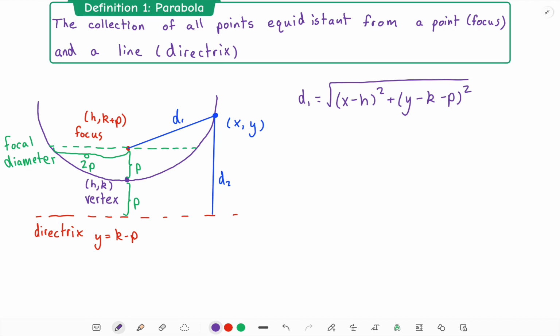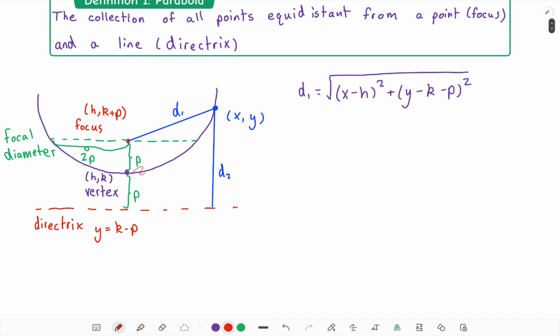Now D2 is a little bit different to calculate the distance here. It's not really a formula, just noticing that this part of D2 is p, and then this part of D2 is the difference in the y values of the 2 points, so that would be y minus k.